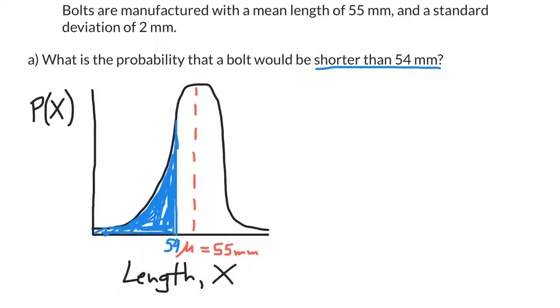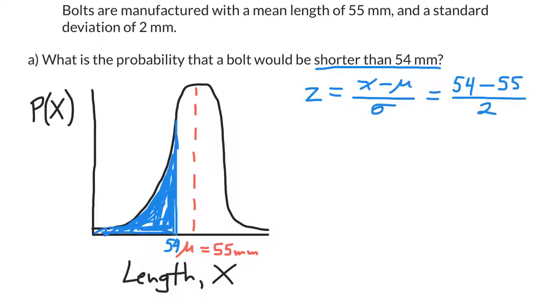And now I'm going to calculate my z-score. So there's my formula. I'm going to plug in my numbers. The value I'm interested in is 54 millimeters, so that's x. The mean is 55, and the standard deviation is 2. When I do the calculation, I get a z-score of negative 0.5.